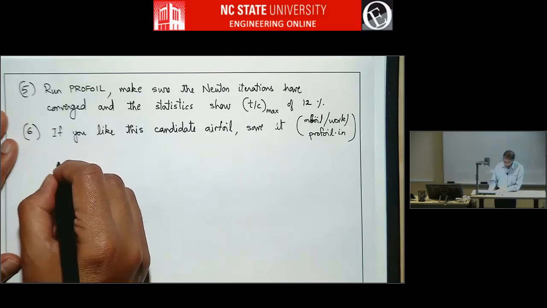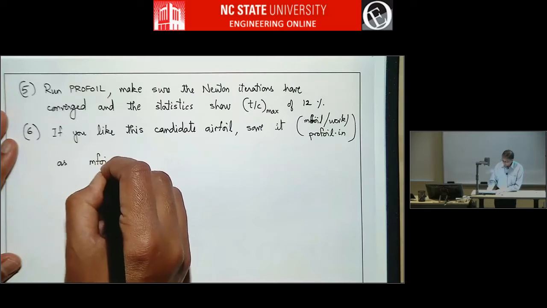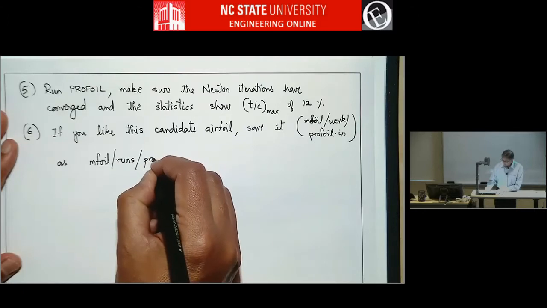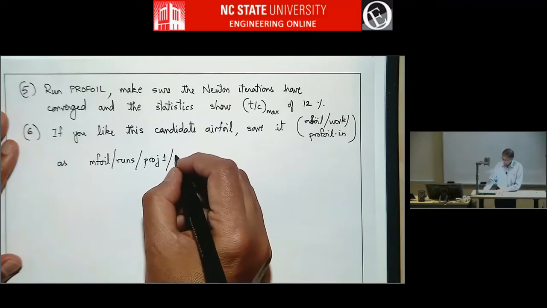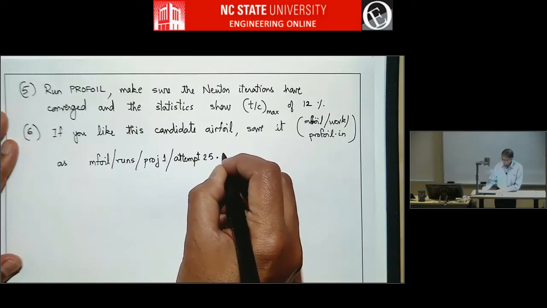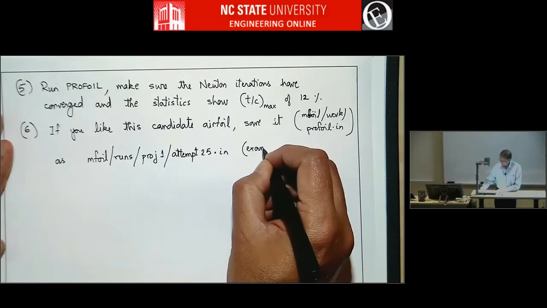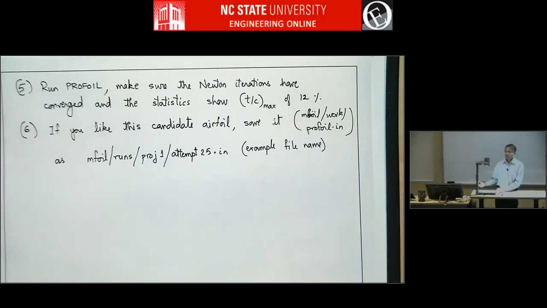So save it as something like this, inside mfoil/runs/, maybe you have a folder called project1, and in that maybe this is your attempt number 25 or something. This is an example name. Right, so this is up to you. You can do the bookkeeping however you want.